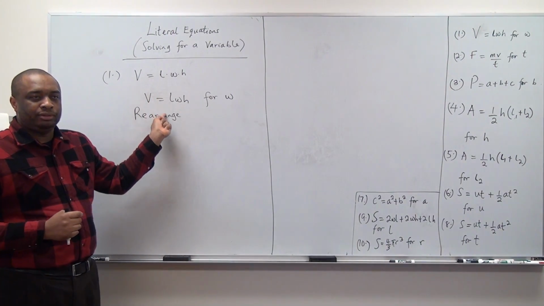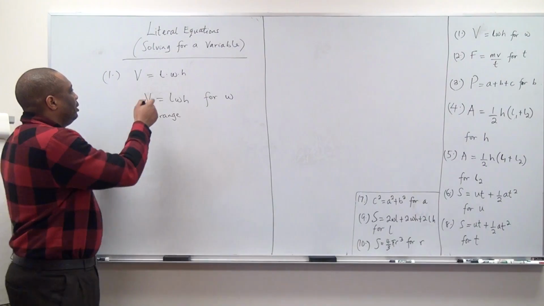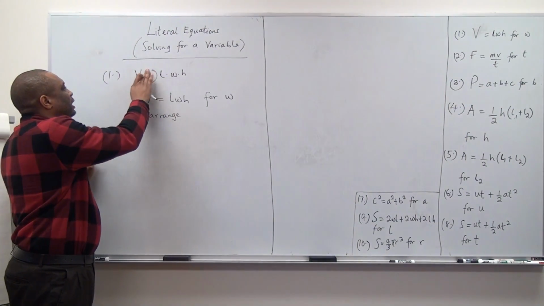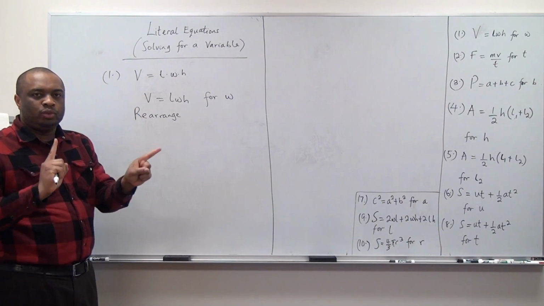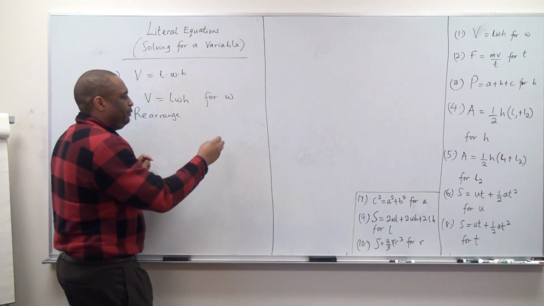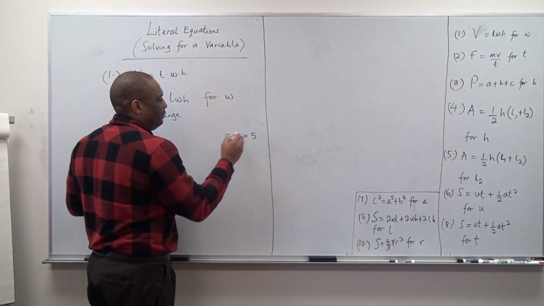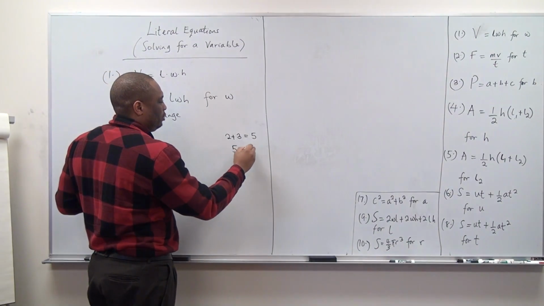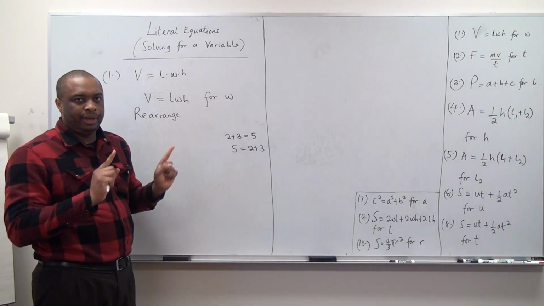Because it is an equation, because of the equal sign, whichever way you switch it, it is still correct. For example, if you have 2 plus 3 to give you 5, if you also say 5 equal to 2 plus 3, it is the same thing, whichever way.